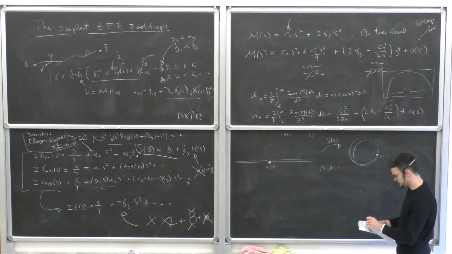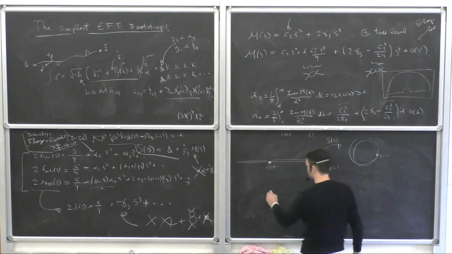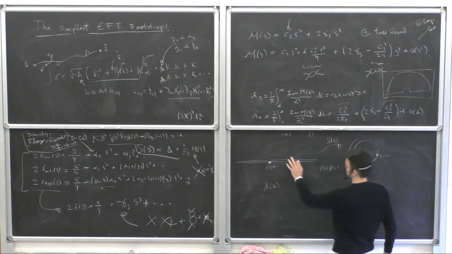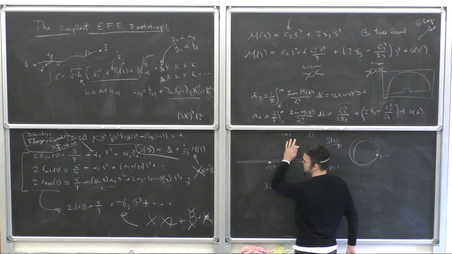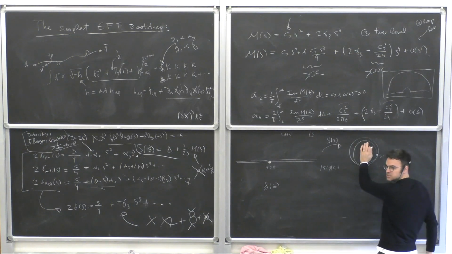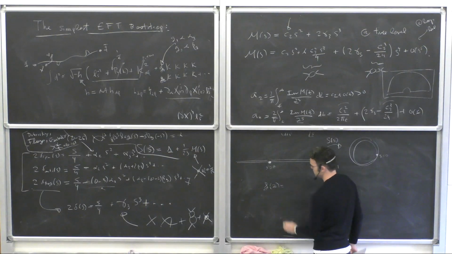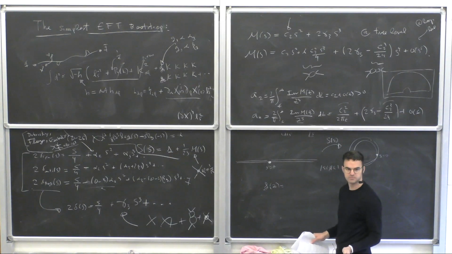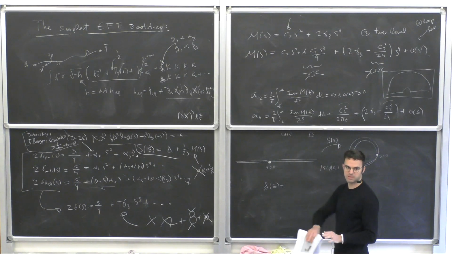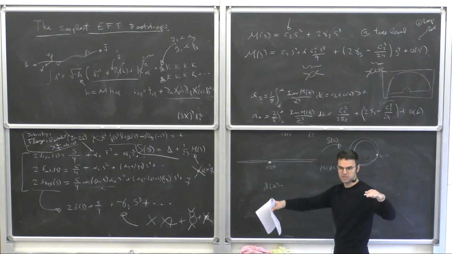And for this, I need a couple of small theorems. The first one, which I'm sure all of you have seen in one way or the other, is that these are holomorphic functions in the upper half plane, or we may think of it as a function inside the disk. Any holomorphic function attains its maxima at the boundaries of its region of analyticity. Intuitively, you think about holomorphic functions as smooth functions whose maxima or minima are on the boundaries.